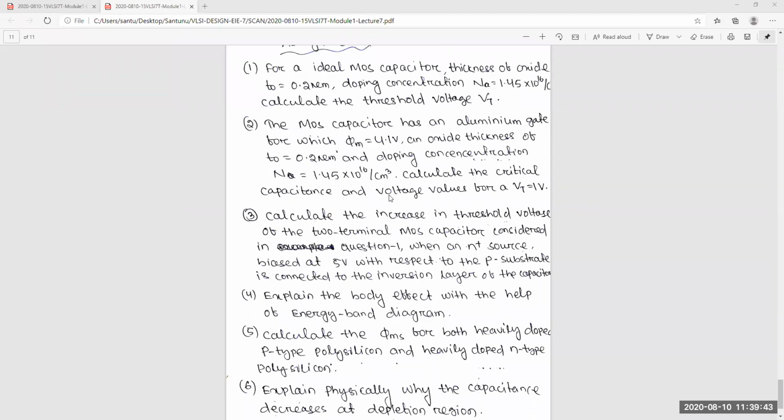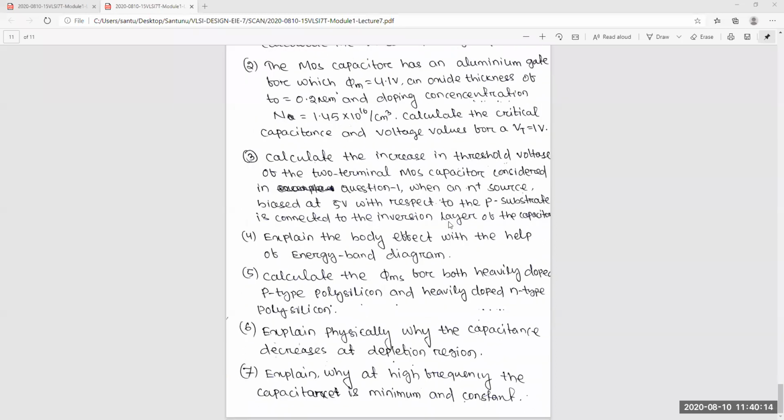Critical capacitance means the accumulation region capacitance, then low frequency capacitance, high frequency capacitance. So at threshold voltage, what is the capacitance? And the voltage is also given, threshold voltage is given as 1 volt. So from that you can calculate the flat band voltage. And NA is given, T0 also given as 0.2 micron. So for all capacitance or voltage calculations, this data is sufficient. So you can calculate. Okay.